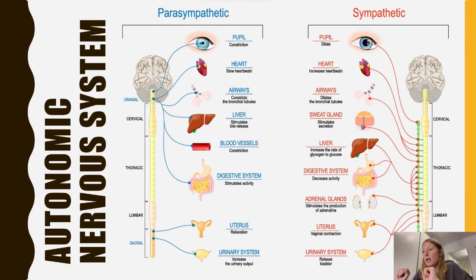As you can see in the slide, the parasympathetic is controlling the constriction of the pupil and the heartbeat, and makes it slow. And on the other side, the sympathetic one dilates the pupil, increases the heartbeat, and makes the blood go to the muscles and move. So they are opposite, and one can work only when the other one is not working.